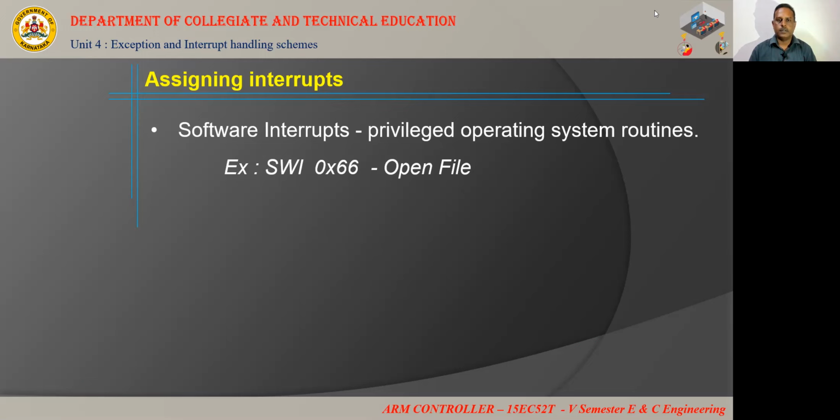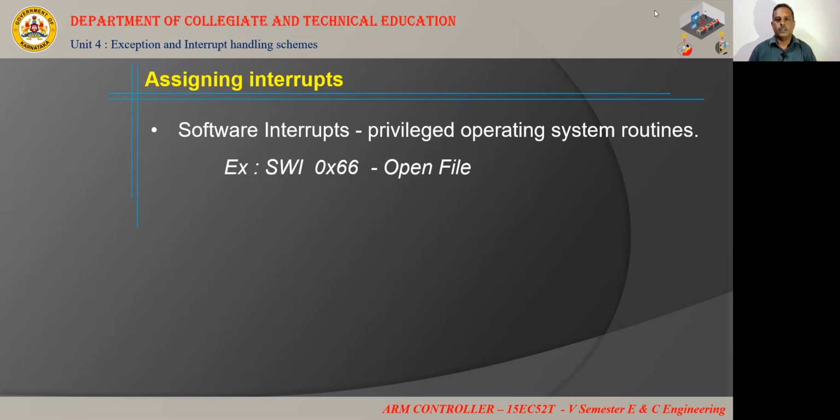So when this SWI exception occurs, it carries this number along with it. And the SWI instruction exception handler will decode this number, and it will invoke an open file routine. So this way there will be many operating system routines which need to be executed.